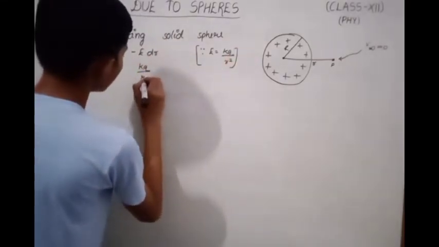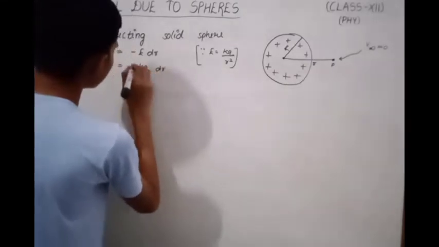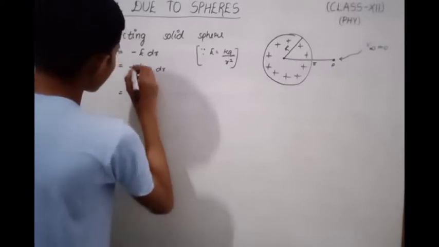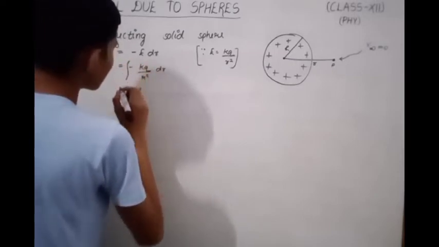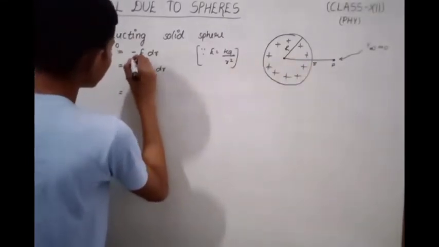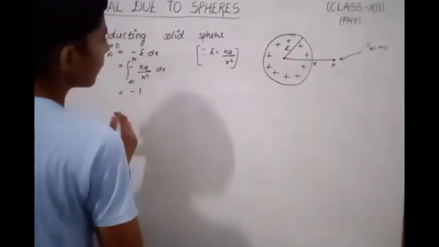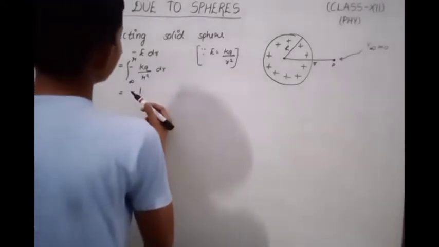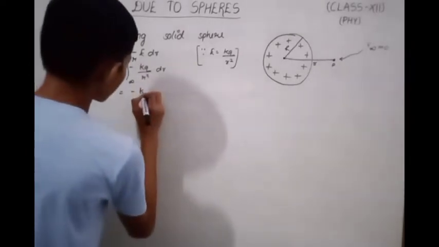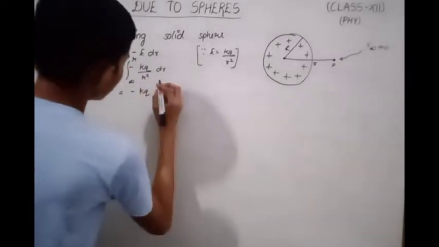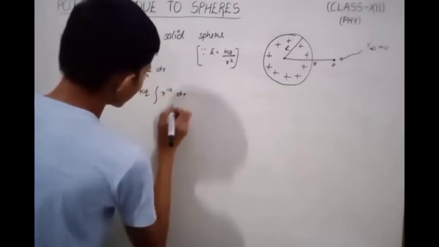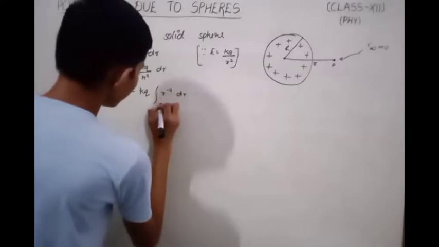So minus kq divided by r square dot dr. We integrate from infinity to r, because we are bringing the charge from infinity to a point P which is at distance r from the center. This is constant, so we bring it outside. r raised to the power minus 2 dot dr from infinity to r.